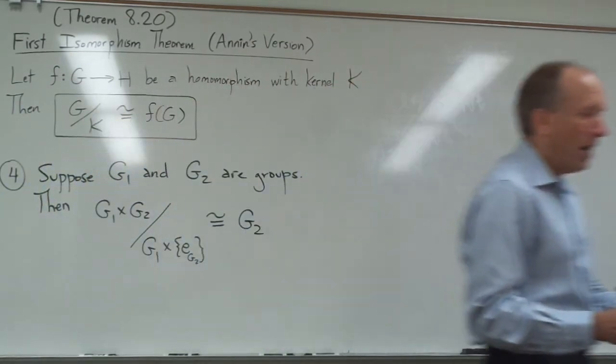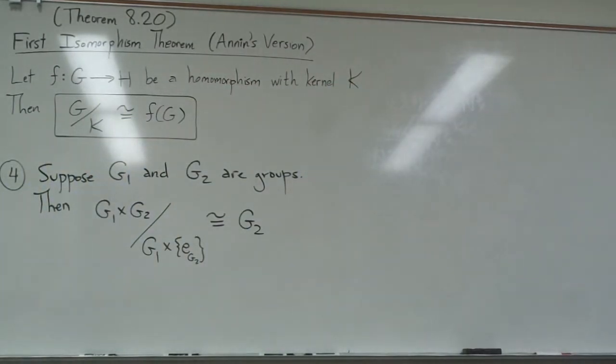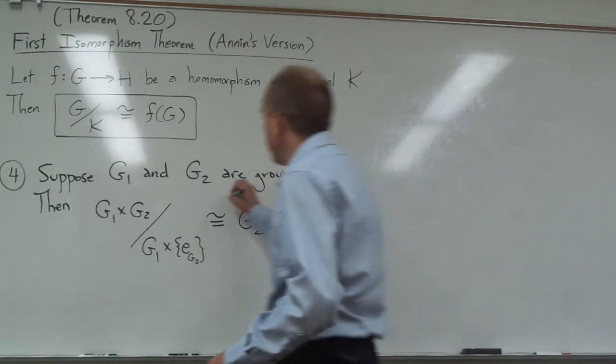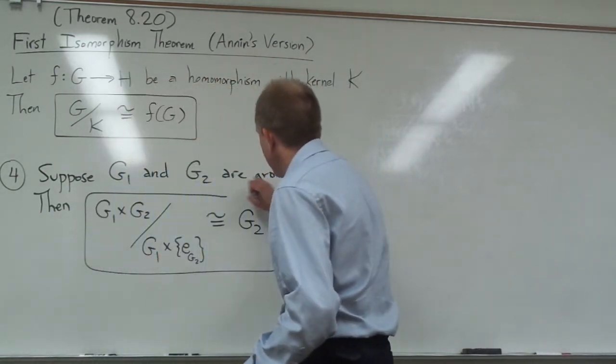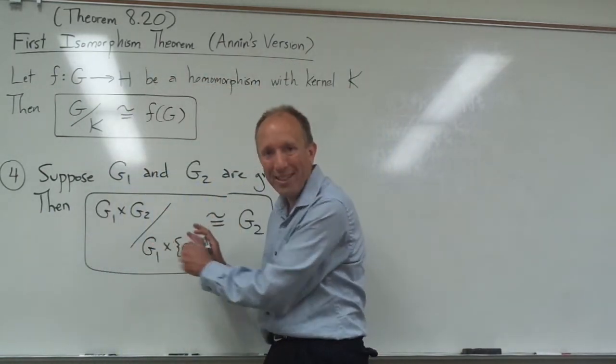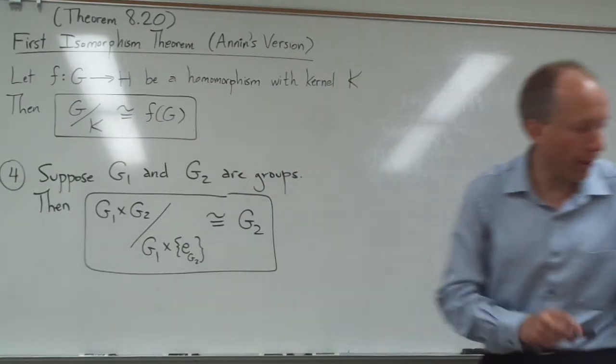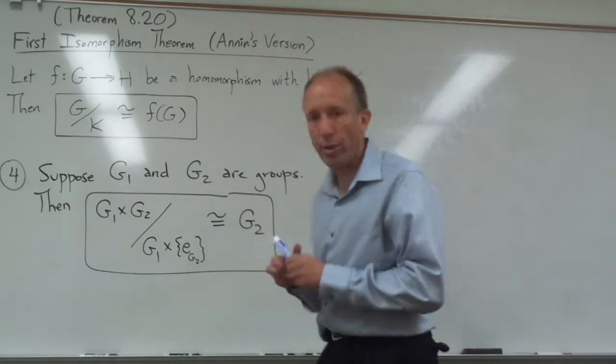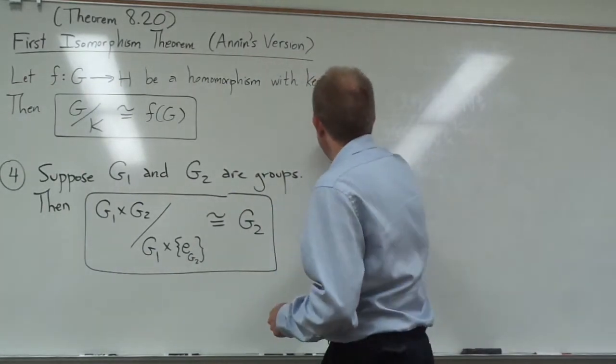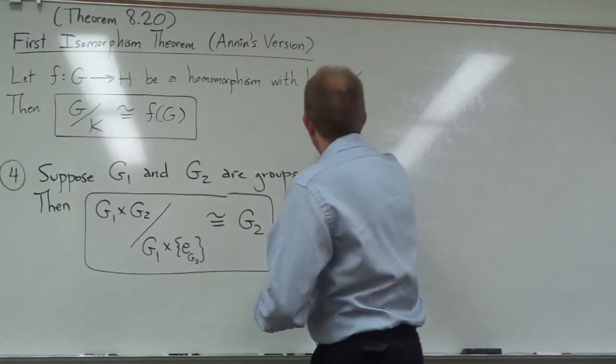There are going to be some problems in the book for homework exercises that generalize this result. So maybe just showing you this will give you a feeling for what those results are going to look like. So let me just write a sketch of the proof here.